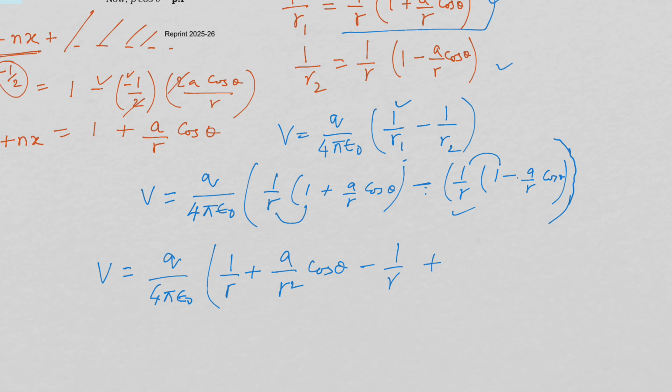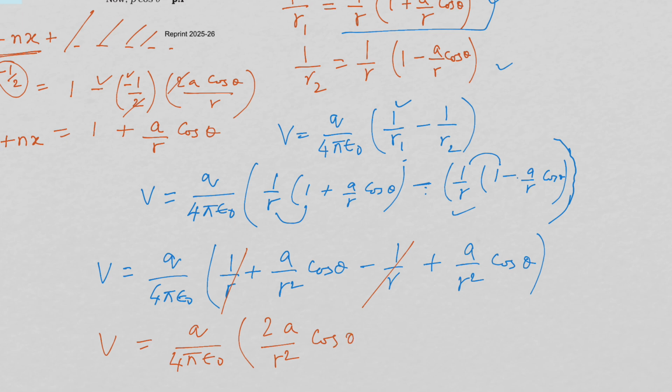So plus a by r square cos theta, and then we can simply cancel out 1 by r because one is positive, one is negative, and v is equal to q upon 4 pi epsilon naught multiplied by a by r square cos theta plus a by r square cos theta is 2a upon r square cos theta.